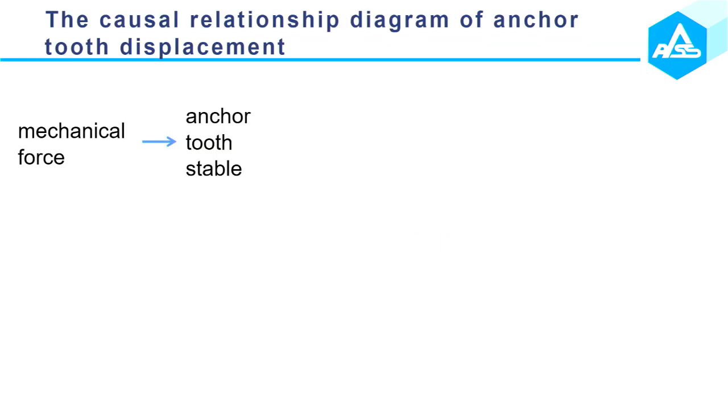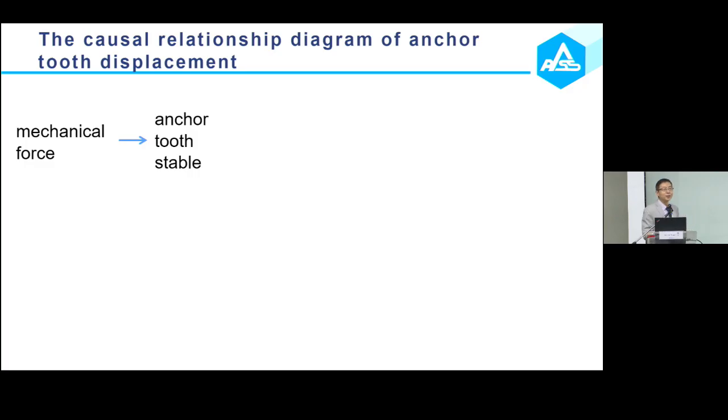Let's look at the story after mechanical anchorage is successful. When the orthodontic force is less than the load capacity of anchor tooth, the tooth is stable. But the pressure on the periodontal ligament will induce osteoclasts and osteoblasts, then causing alveolar resorption and apposition, right?